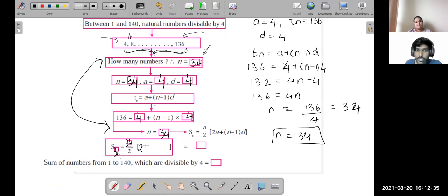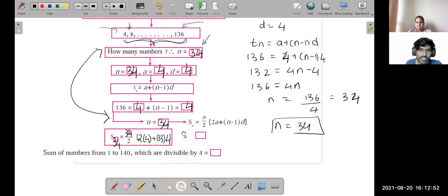This will be 2 into A, that is 4, plus 34 minus 1, 33, into D, which is 4. Did you understand this up to here? Now this is just calculation.